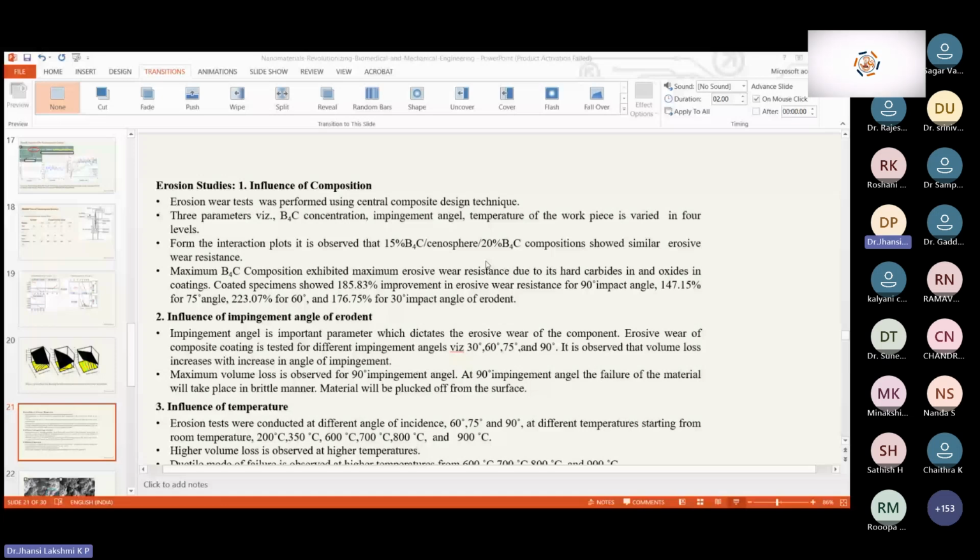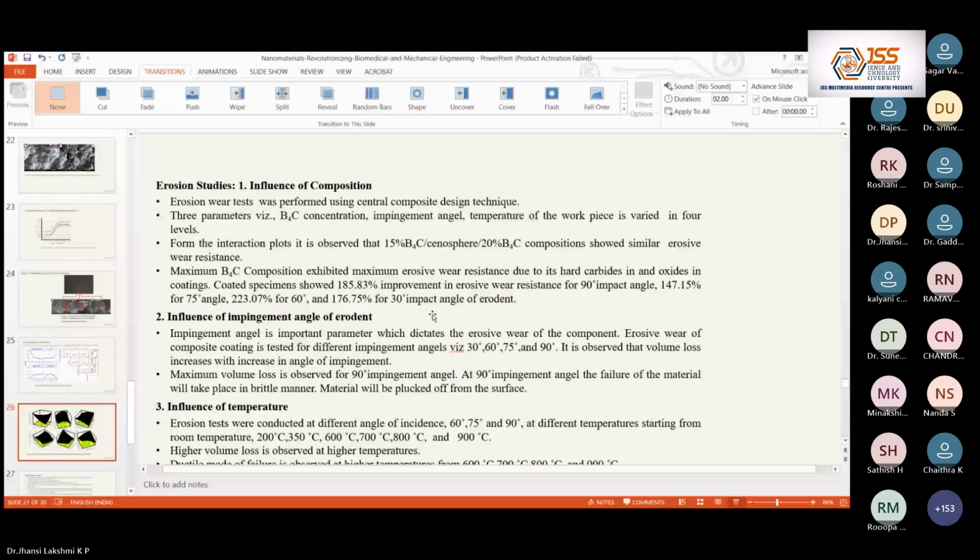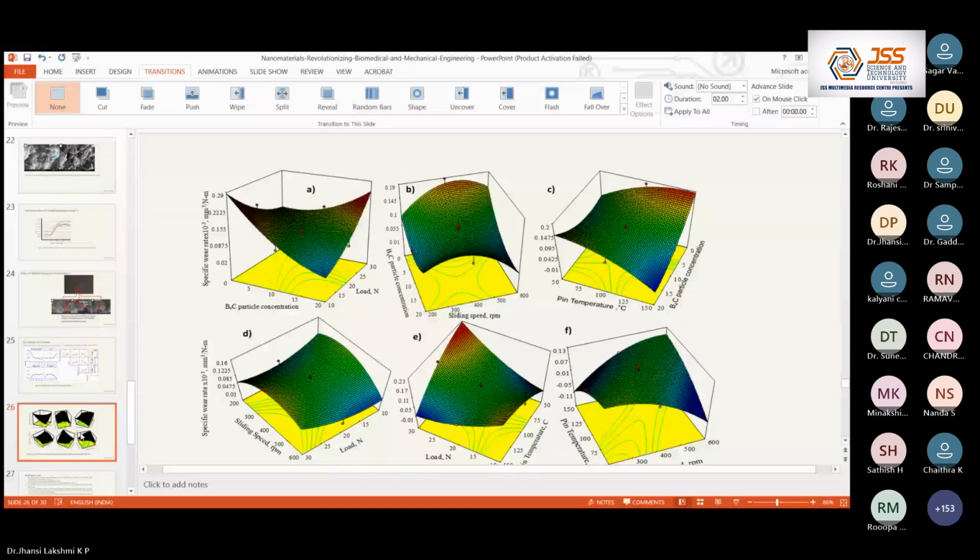I'll once again go back. Now we are in slide 26, ma'am. 3D surface plots of interaction of specific wear rate. Okay, so this is the procedure. I guess I have to go back to this one and come back to the presentation mode.